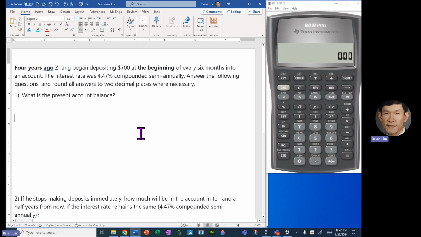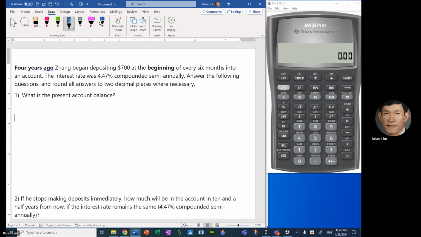All right, so let's start. The deposits are at the beginning of every 6 months. So first we have to get into the begin mode, BGN, right? Okay.